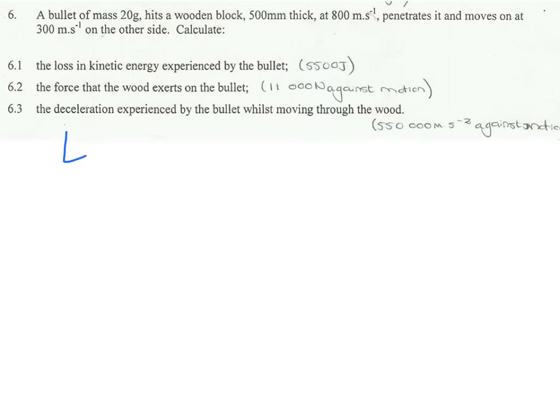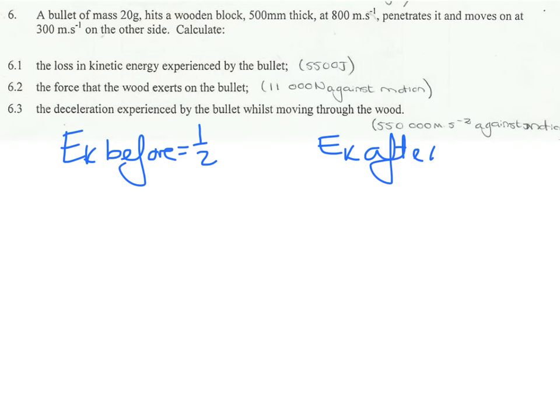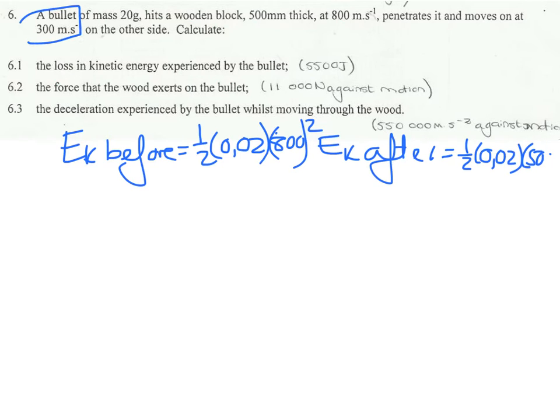So we're going to get the EK before, we're going to work out the EK afterwards, and we're going to subtract. Not difficult, it's a half. We just need to change that mass into kilograms. 800, don't forget to square the 800, and we've got a half, 0,02. No, it's not 500, it comes out the other side at 300, sorry. 300 squared.